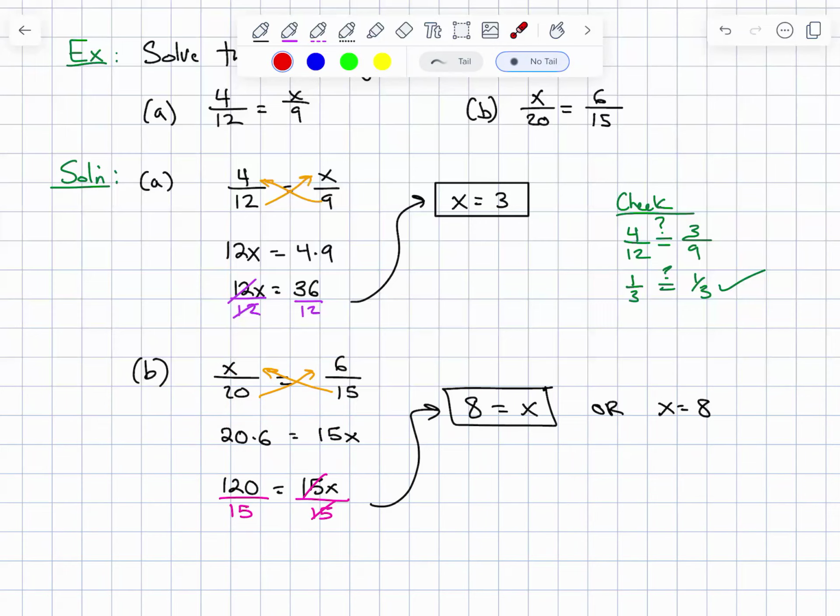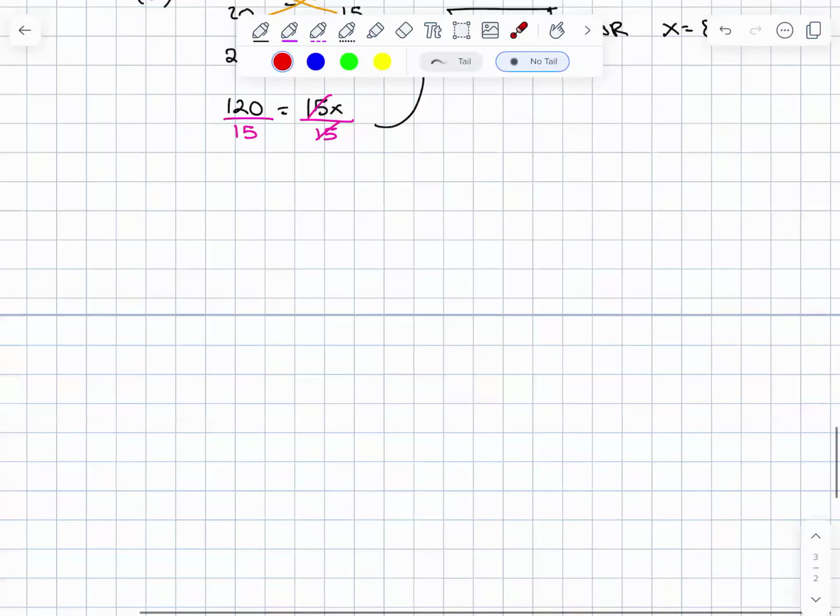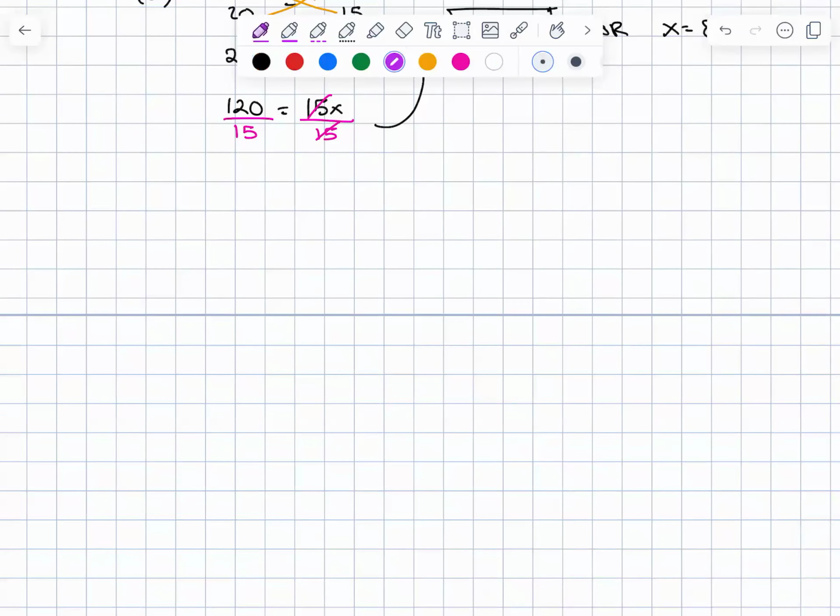All right. The whole point of studying proportional relationships is that this allows us to talk about similar triangles.